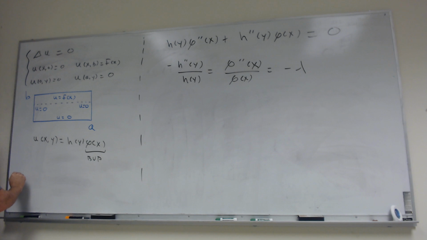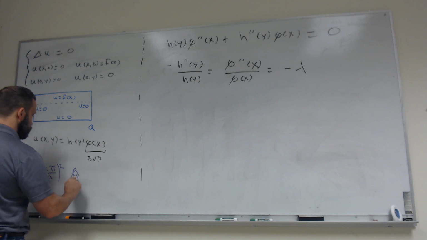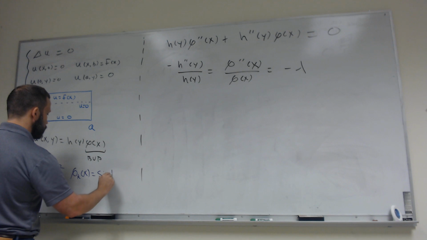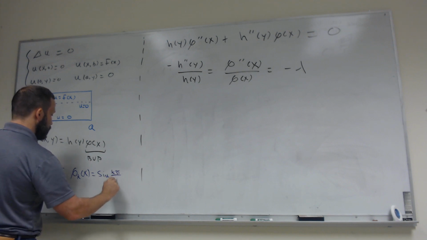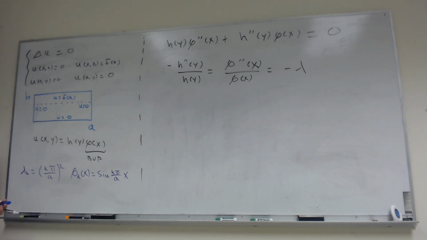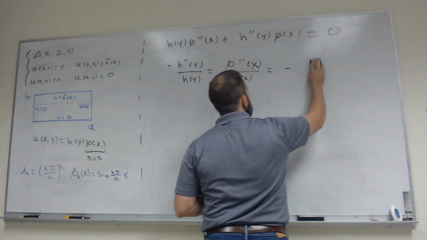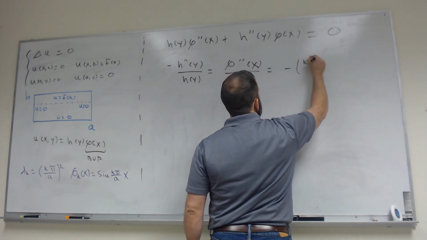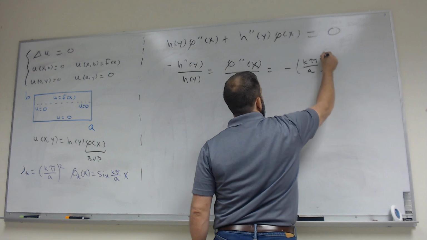Lambda k is equal to k pi over a squared, and then the eigenfunctions phi k of x are sine of k pi over a x. Now we're going to look at the h equation, except up here, I'm going to replace lambda with what we know it to be, which is k pi over a squared.